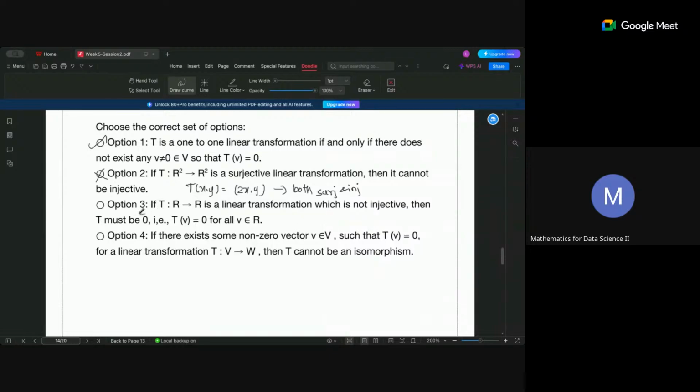First of all, before answering this, I have another question. What is the general form of a linear transformation from R to R? You take a v from R. What is T of v?